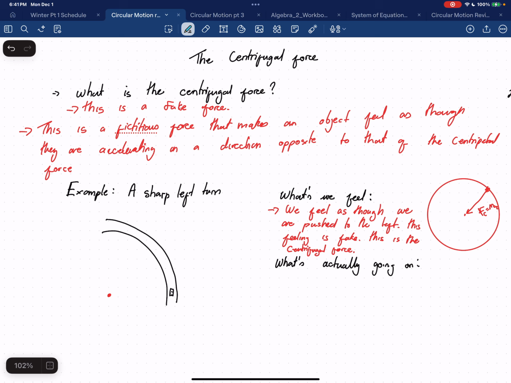It's there because we feel it. It's apparent. It's a fictitious force, but it's a fake push. All right, so back to my example here.